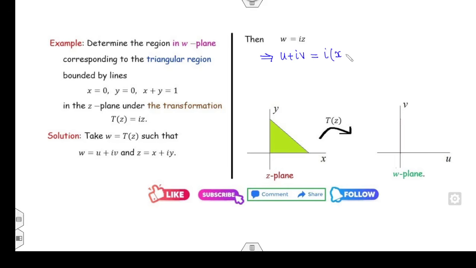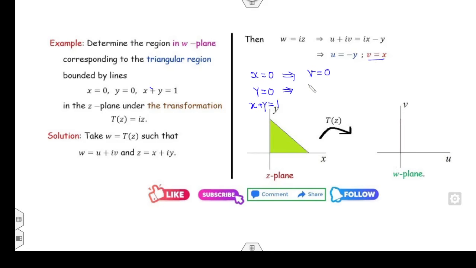Can you equate the real and imaginary components? u will be minus y and v will be x. Now corresponding to the region, x is equal to 0, y is equal to 0, x plus y is equal to 1. When x is equal to 0, clearly v is equal to 0. When y is equal to 0, clearly u is equal to 0.